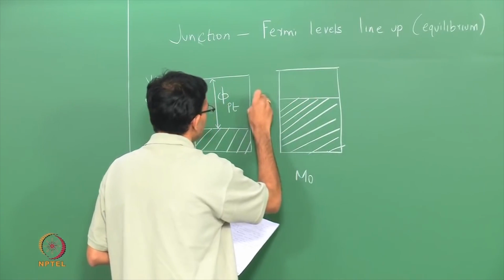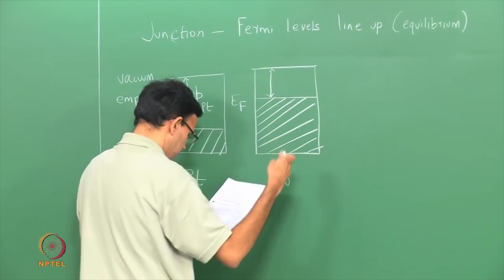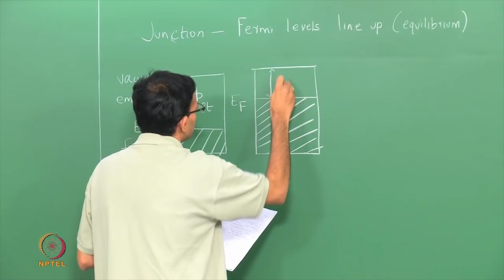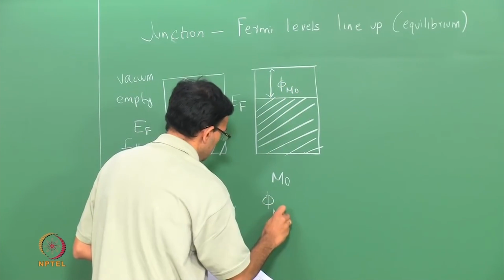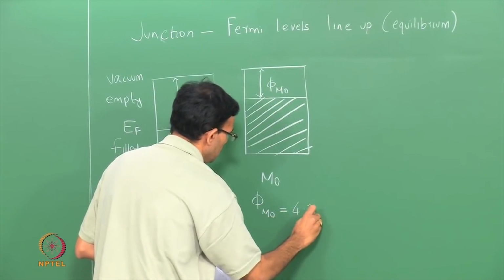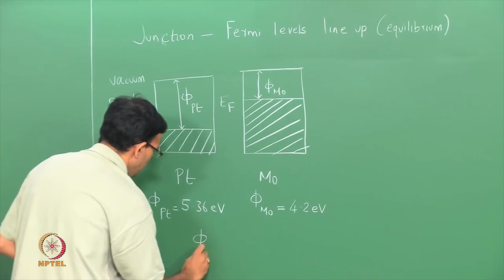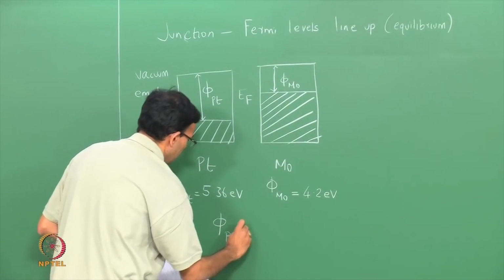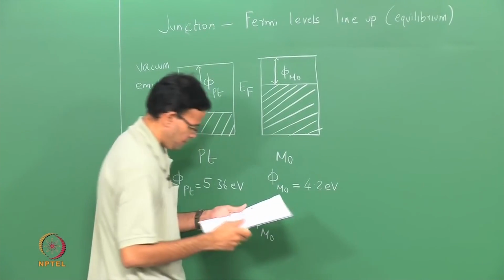So once again this is EF, this is phi of moly. The work function of molybdenum is 4.2 electron volts. So, here we see that platinum has a higher work function than moly.